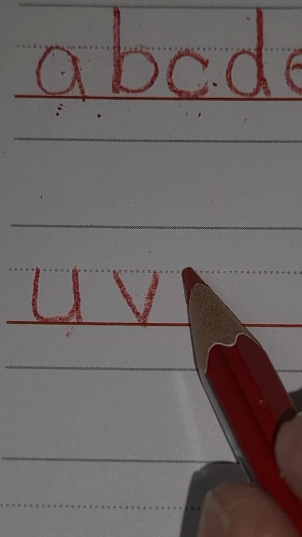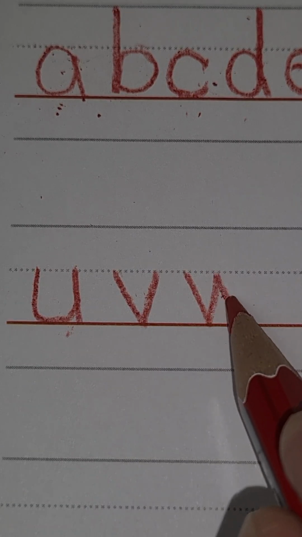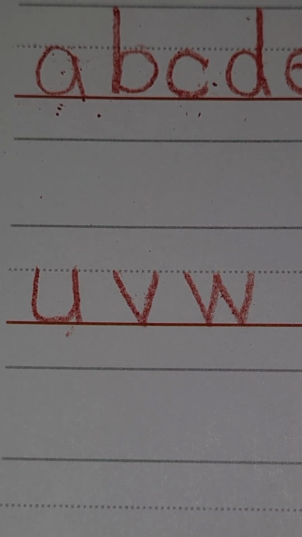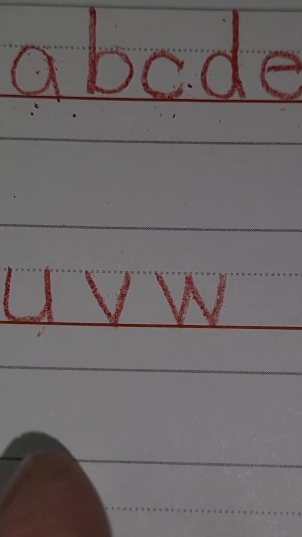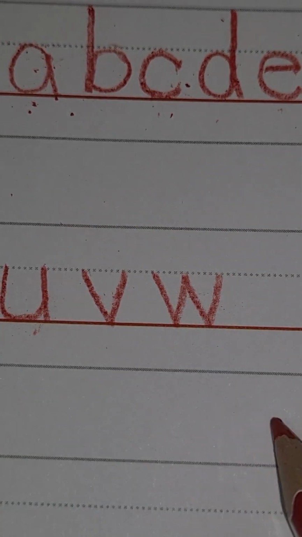Start dotted line, we're going to go 1, 2, 3, 4. Okay. W. Now it's going to be pushed together more than the V. Right, we're going to push it together more.